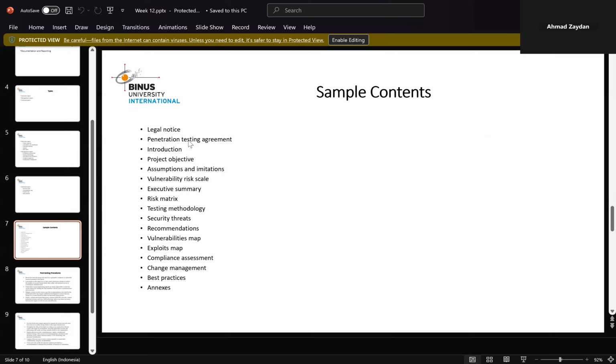This is the sample contents. The legal notice, duration, testing agreement. This is very important because we need to have permission for the application or the system that we conduct pen testing on. Introduction, and then the objective of the project, assumptions and limitations. Again, the vulnerability risk scale.